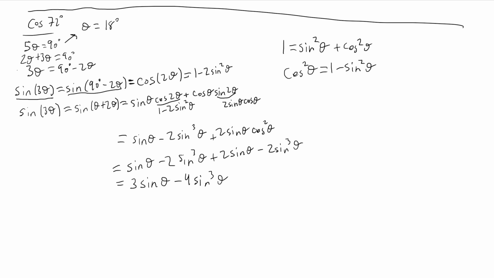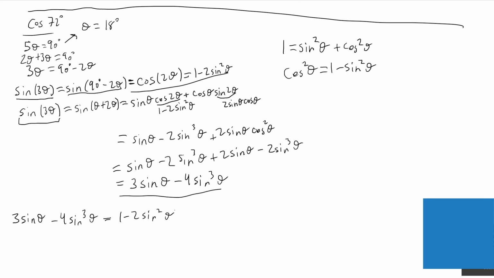And if we go back, that is just the sine of 3 theta. So if I combine what I wrote up here and what I wrote down here, we get that 3 sine theta minus 4 sine cubed theta is equal to 1 minus 2 sine squared theta.